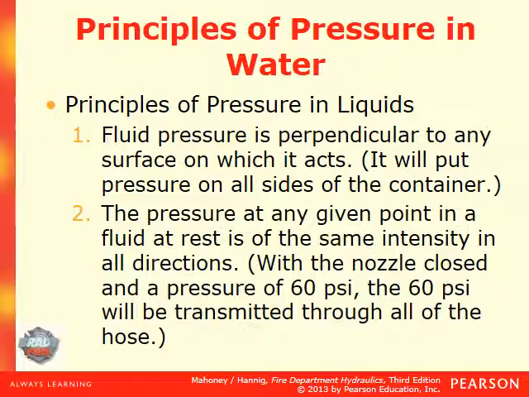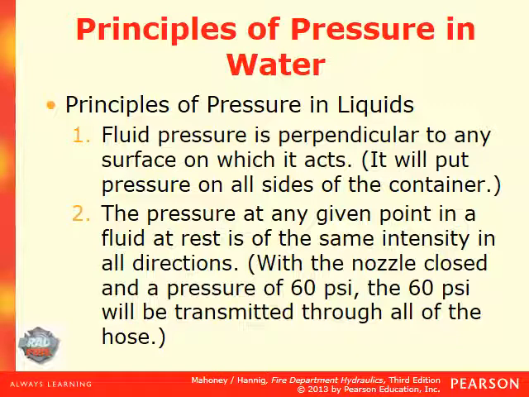The pressure at any given point in a fluid at rest is of the same intensity in all directions. With the nozzle closed, going back to our little scenario with fire truck, and a pressure of 60 psi, that is static in that hose, it will be transmitted throughout the entire hose at all points.